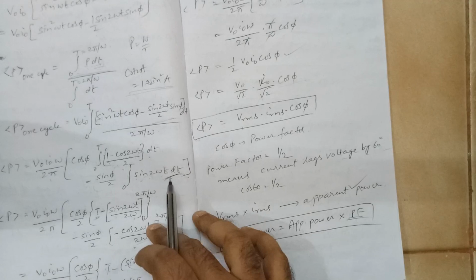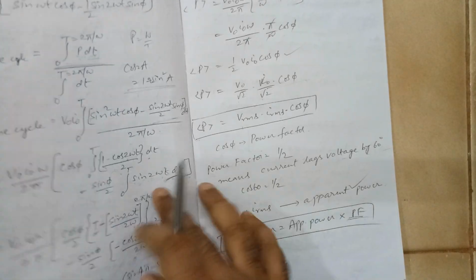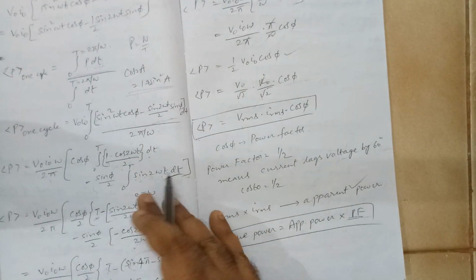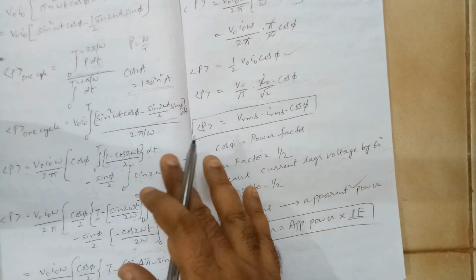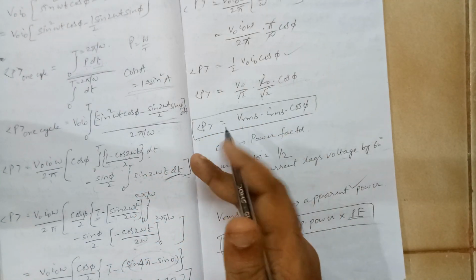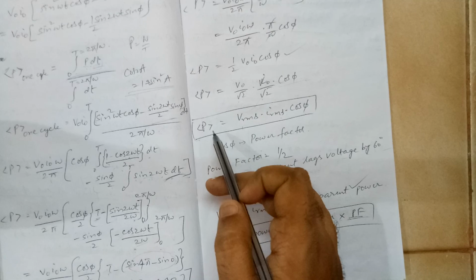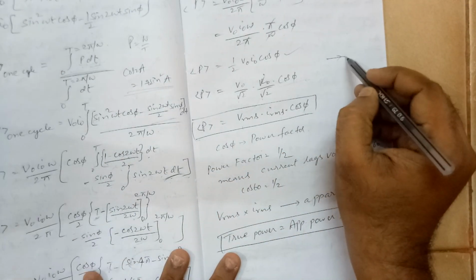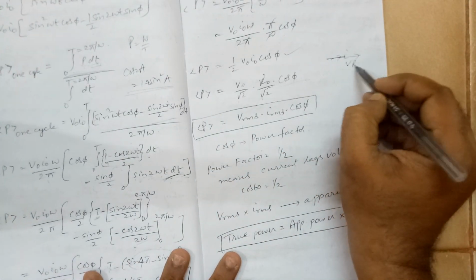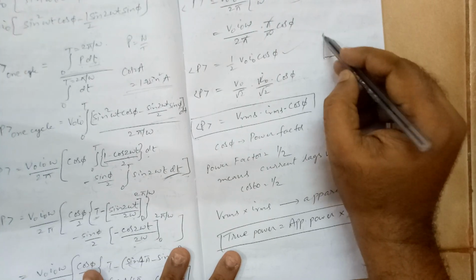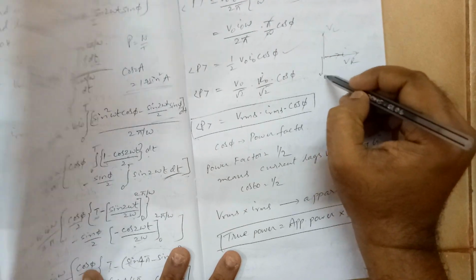See, basically what is phi? Phi is telling you the relationship between the VL and VR, or VC and VR, assuming that I and V are in the same direction always. Okay, if this is the direction of I, in the same direction is VR, but VL is ahead and VC is behind, right?